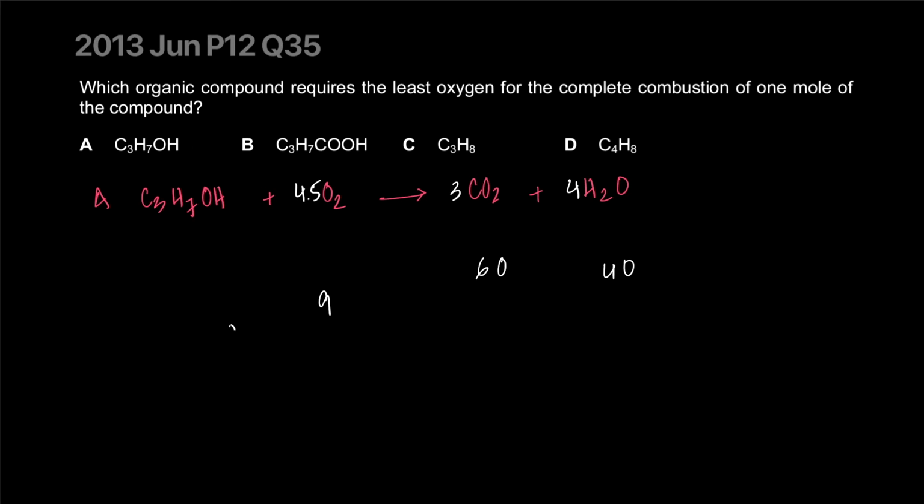Let's erase all of this so we can work with B. That's not the best yellow in the world. You have C3H7COOH plus some oxygen and CO2.